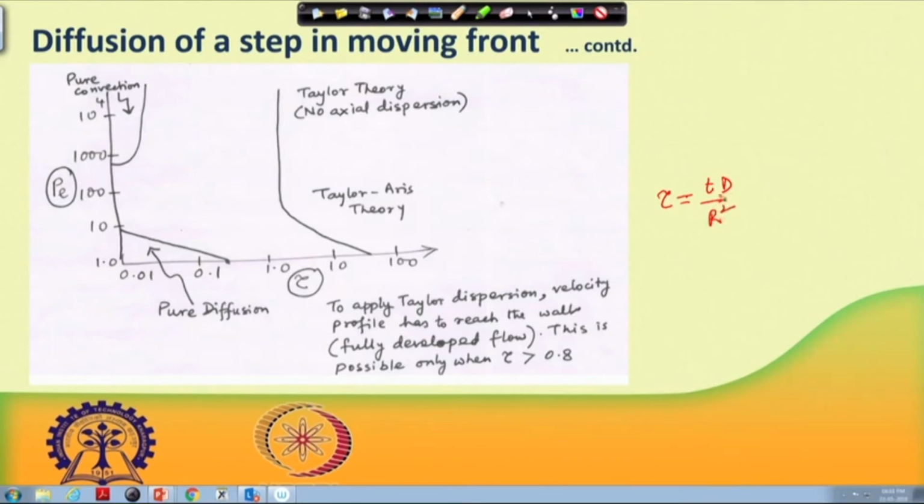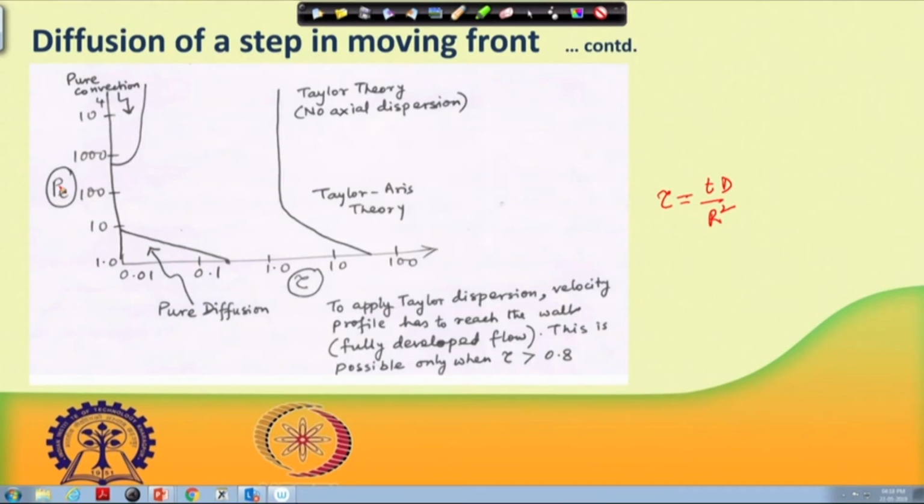So, on the x axis the dimensionless time is placed and on the y axis the Peclet number is placed. Then they have collected several experimental data points, and from there they try to find out the different regimes and where all these regimes are applicable.